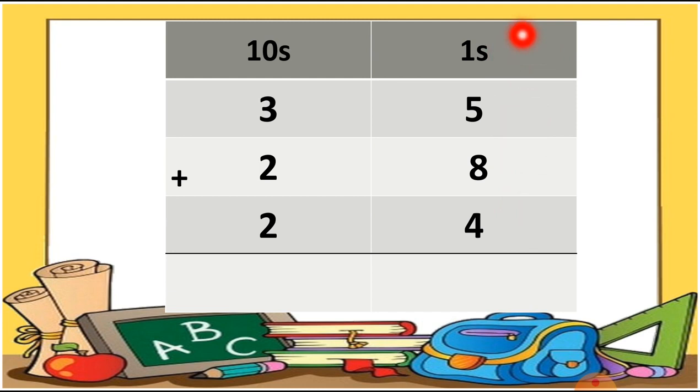If the columns' names are not mentioned, you have to understand which is the column of ones or tens. Here you can see the right column is always the ones column, which is the last one. Now here students, 5 plus 8 plus 4.